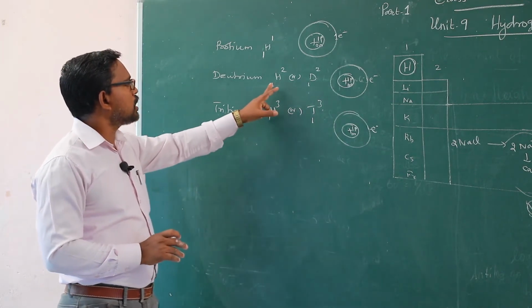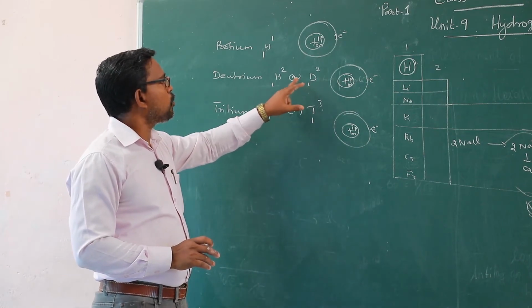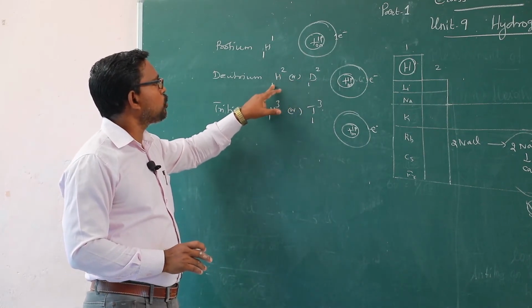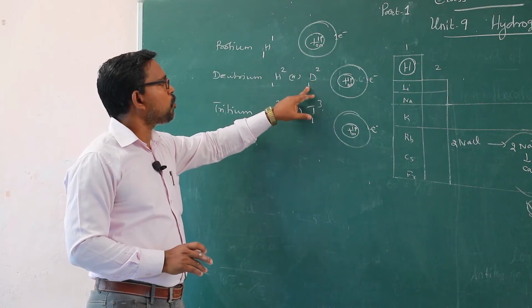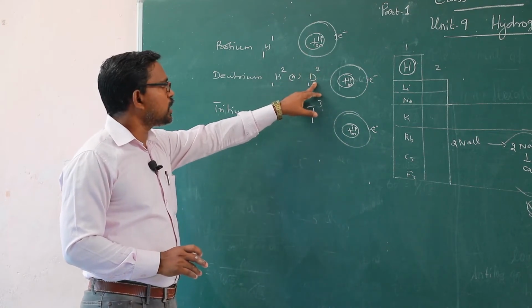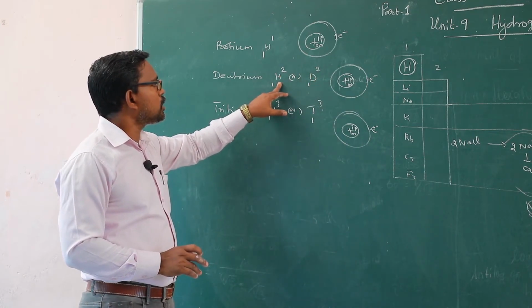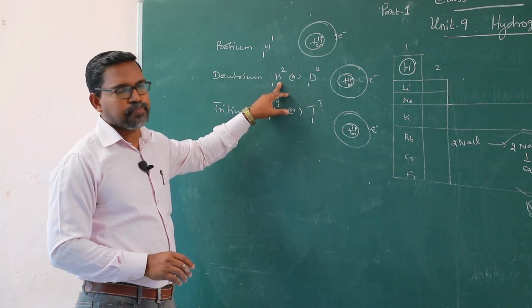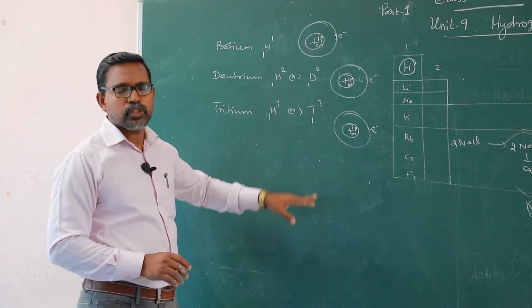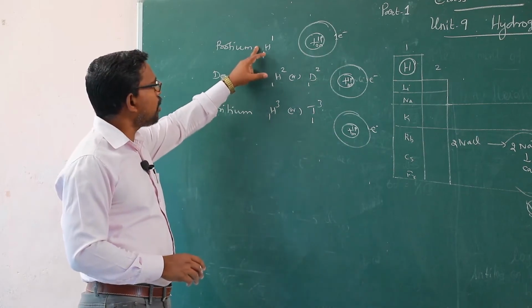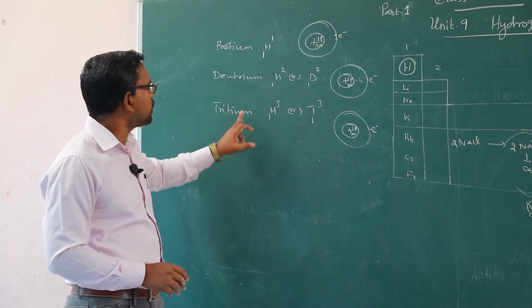It is written as H12 or D12, and it is said to be heavy hydrogen. Deuterium is otherwise known as heavy hydrogen.